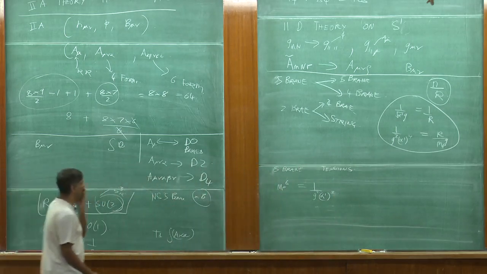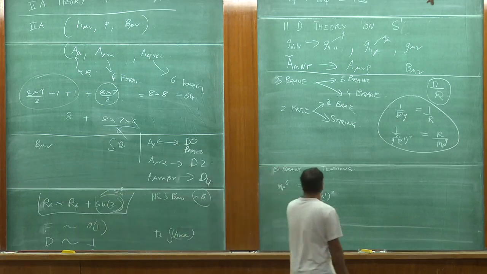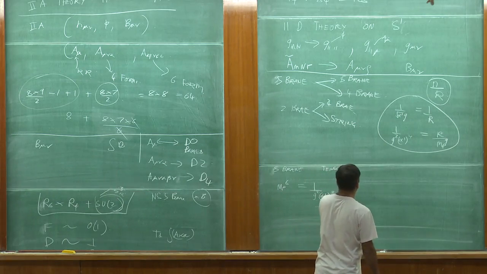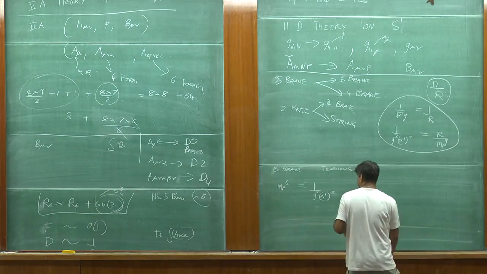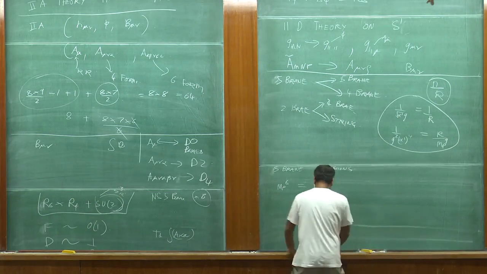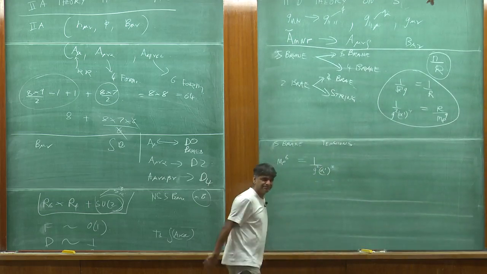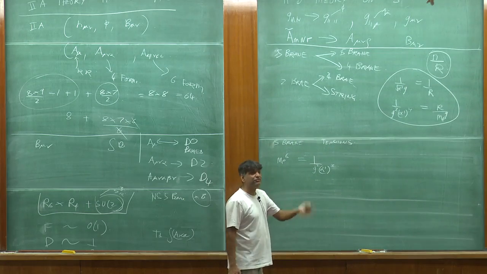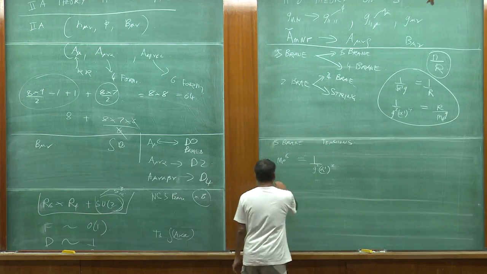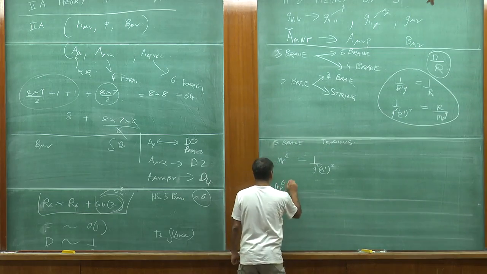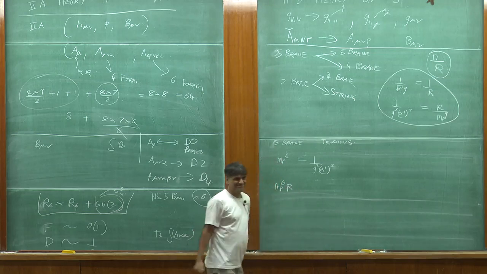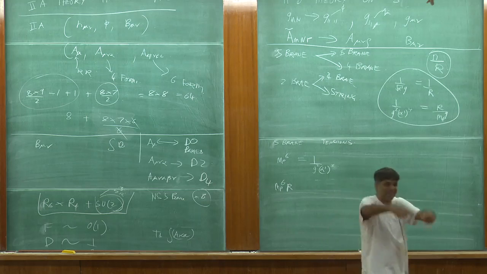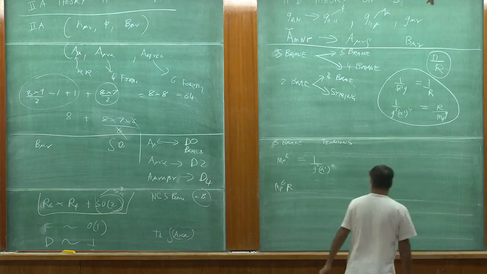Now, is this correct or not? I'm just going to write down all the relations and then we'll check them. What about the tension of the 4-brane? This should be Mp to the power 6 times r, because it's Mp to the power 6 and then it's wrapping something of radius r.